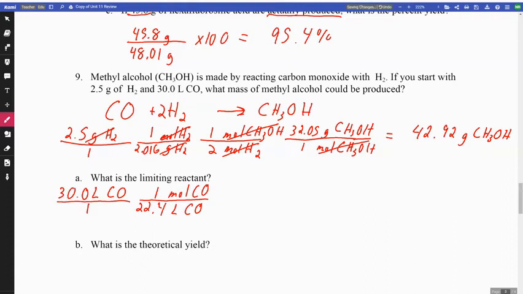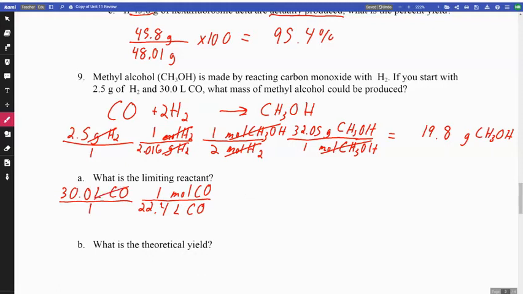Oh, I just realized I was looking at the wrong answer up here. So rewind. That was not right. I was looking at the wrong one. That should be 19.8 grams. Okay, that 42.92 is going to be the answer to the one we're doing right now. Sorry about that.